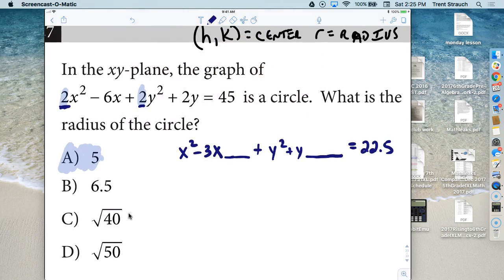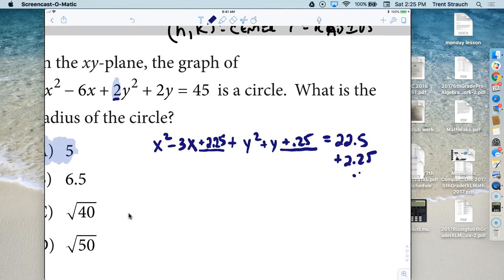Now, you take half and square to complete the square. So half of 3, 1.5. 1.5 squared is 2.25. So you're going to add 2.25, add 2.25. Then half of 1 is 1/2. Squared is 0.25. Right? So this is going to be 0.25.